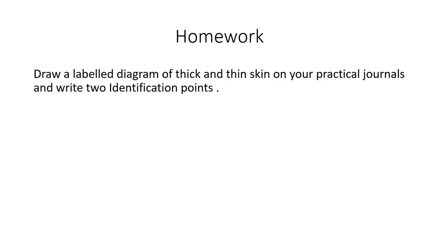And finally you will have to make a labeled diagram of thick and thin skin in your practical journals and write 2 identification points. If you don't have your journals at the moment, it doesn't matter, you can make it on any A4 size paper and then stick it on later.